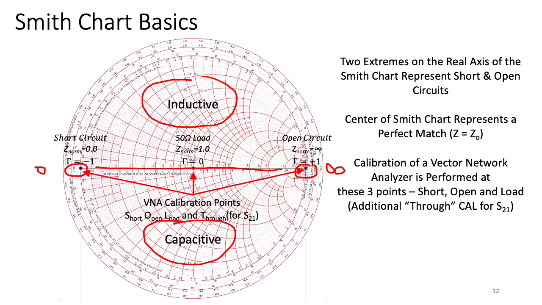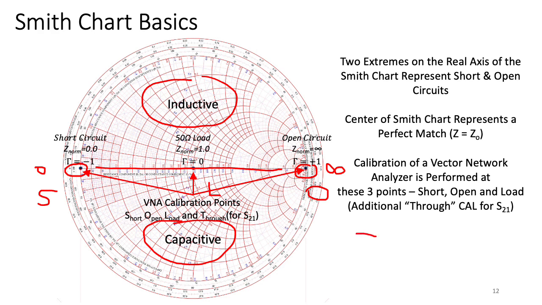Now, the way that the vector network analyzer does its calibration is by trying to assign the correct adjustment parameters so that the values that are measured with a short circuit, a load, and an open circuit fall along these 3 points on the Smith chart. So this is called a short, this is an open, and this is a load.